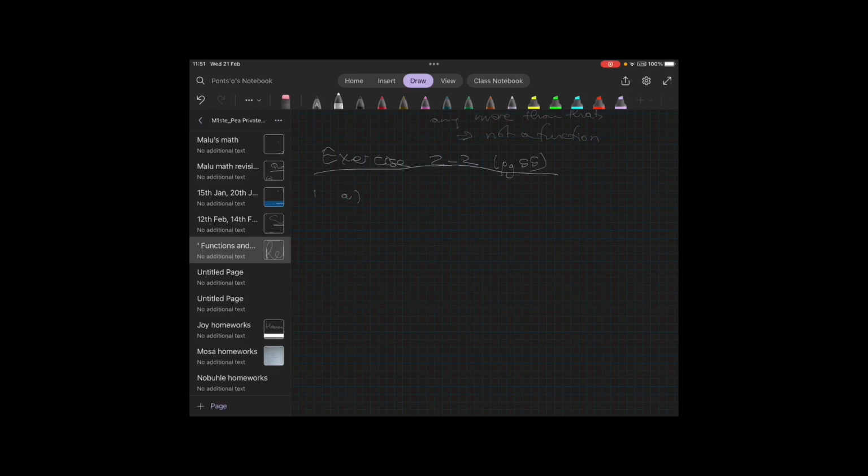So we've got number 1a, which is something that looks like an upside down or frowning parabola. B is something that looks like a straight line, so say that's x, that's y, and the straight line runs like that.